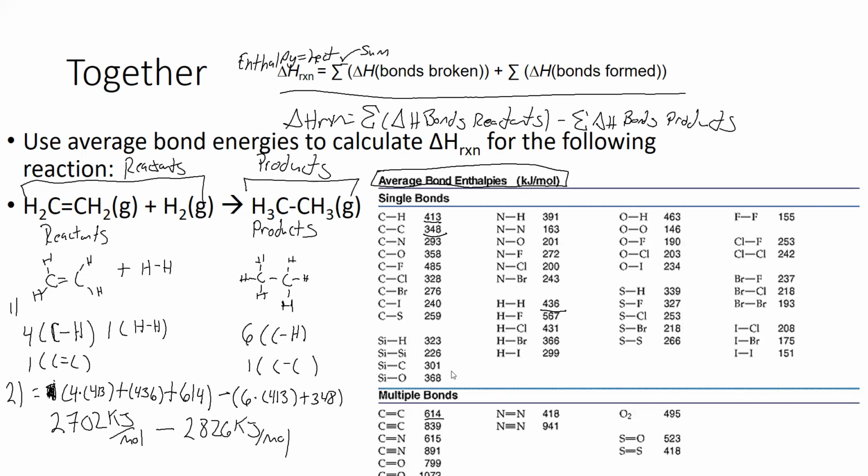And the energy of this reaction, the delta H, is negative 124 kilojoules per mole. So when we take ethene, which is what this molecule is called, plus hydrogen gas and make ethane, we release 124 kilojoules of energy for every mole of product we make. So that's how we figure out the delta H of a reaction.